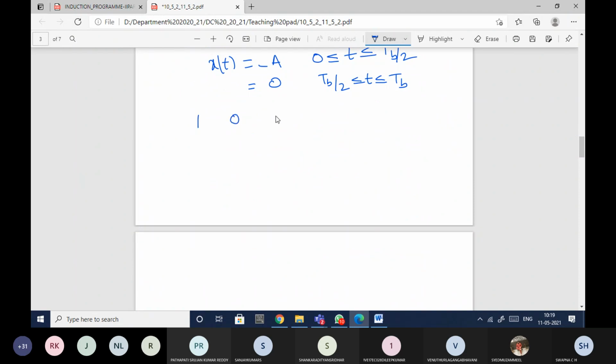1 0 1 1 0 1. Okay, I've taken some random sequence. So this is t, this is x of t.